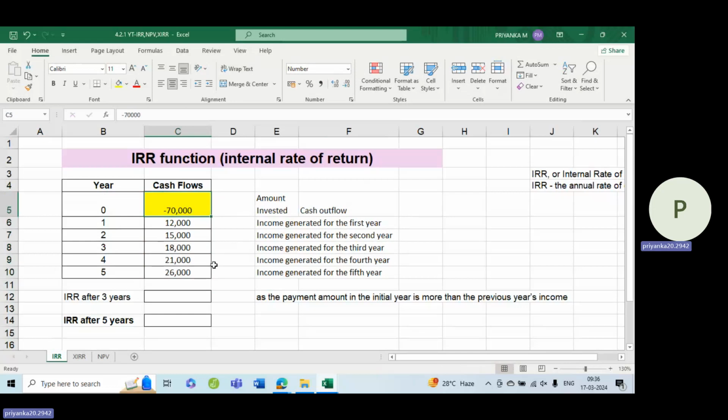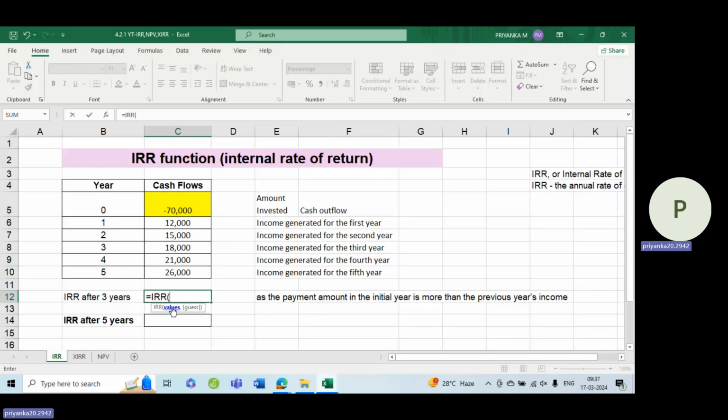We'll see how to calculate the internal return using the function provided in Excel. My first question is, what is the internal rate of return after 3 years of investment? Let us type the formula. We have an inbuilt function in Excel, so I'm going to give equal to IRR, and select only the values.